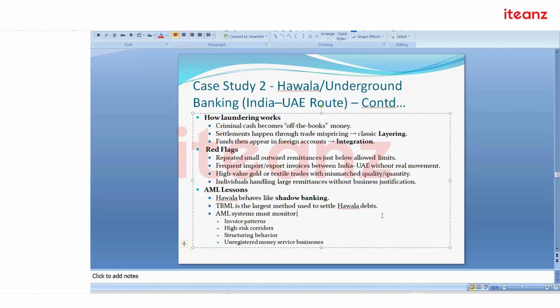You know what is stamp paper, right? Stamp paper you don't know? Revenue stamp, you know? Why do you use a revenue stamp?